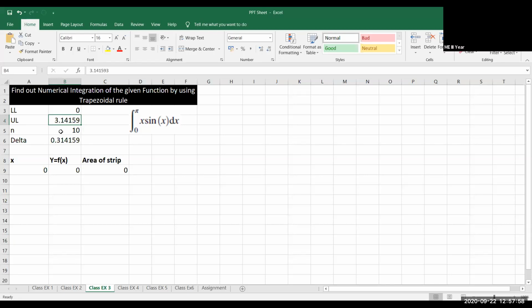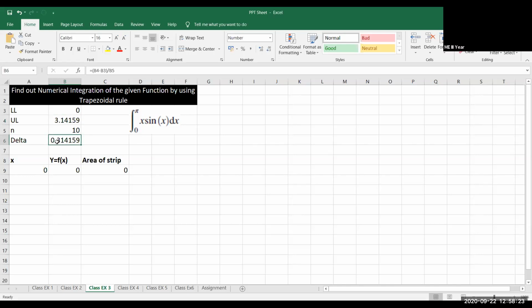The n value is nothing but this limit 0 to pi is divided into 10 equal intervals. Understand the significance of n here. This 0 to pi is divided into equal intervals of 10. Yes, 10 divisions will be there, total 10 intervals. So from that we can find out the delta value.